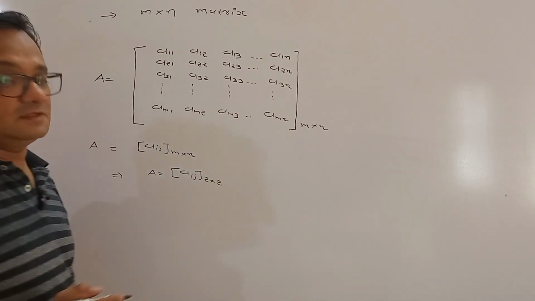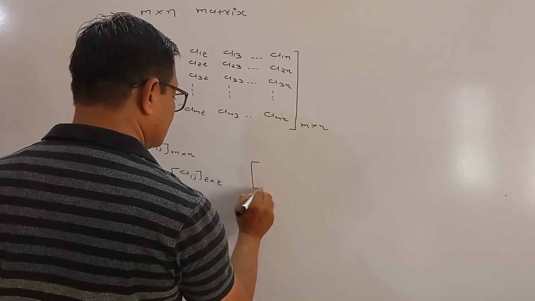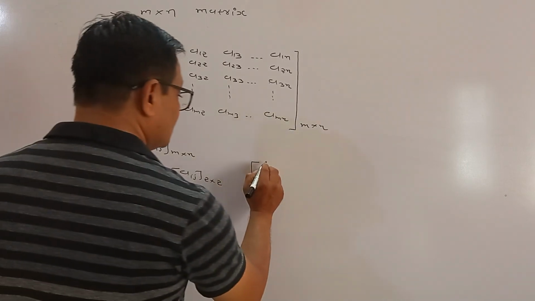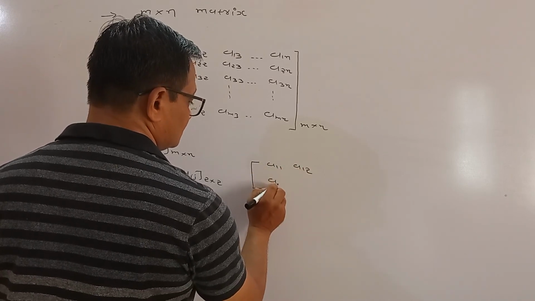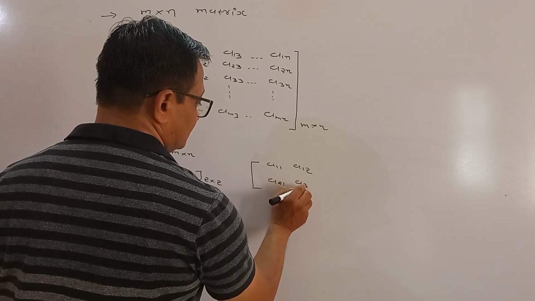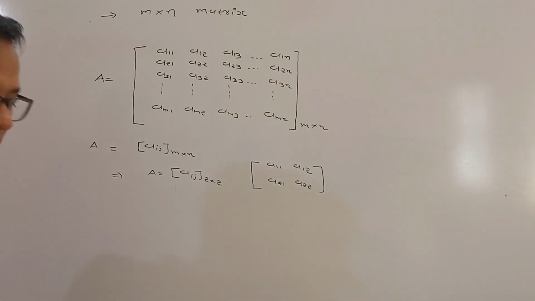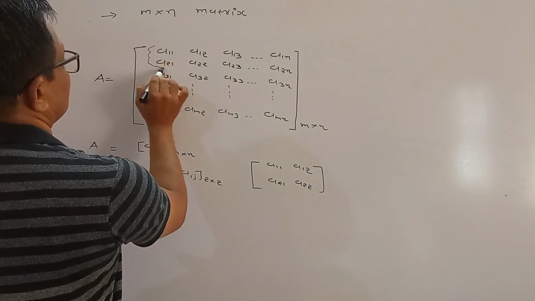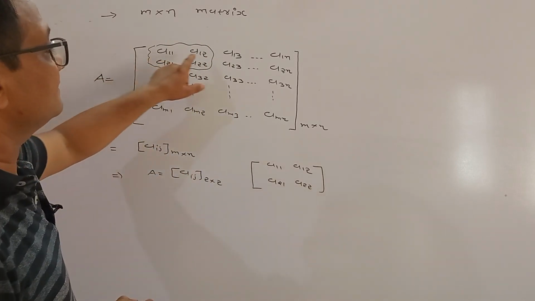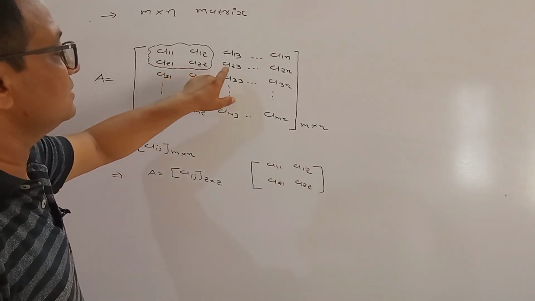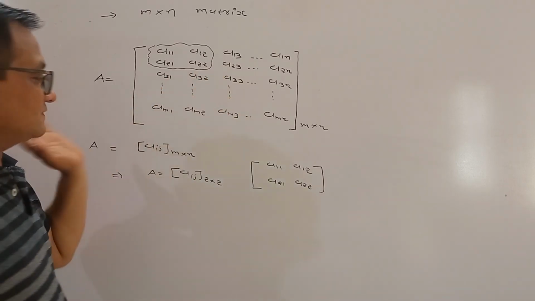So there is an arrangement of four numbers. What are the entries? a11, a12, a21 and a22. These are the four entries for 2 by 2. For 3 by 3: a11, a12, a13, a21, a22, a23, a31, a32 and a33. Just like that.